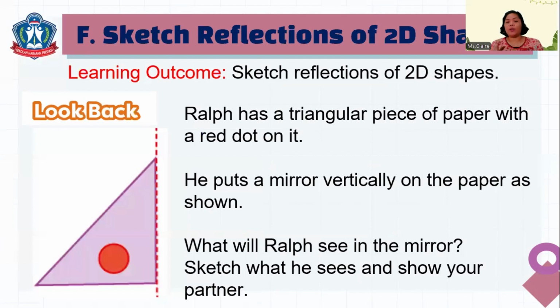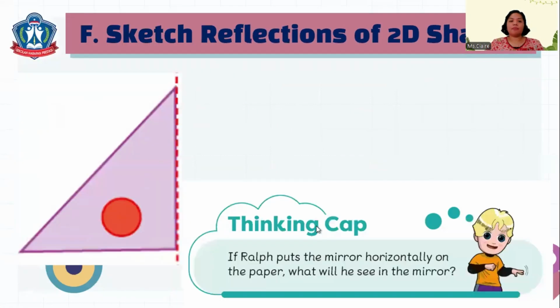If you put this paper like this and sketch on the other side, how does it look, P3? Okay, let's continue. If Rob puts the mirror horizontally on the paper, what will he see in the mirror? Let's try to do that during our class, okay?